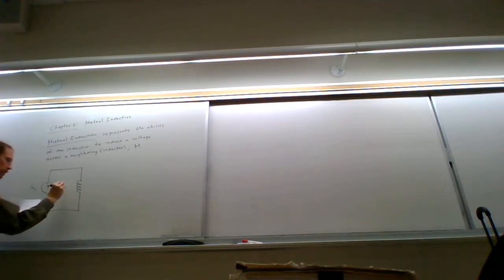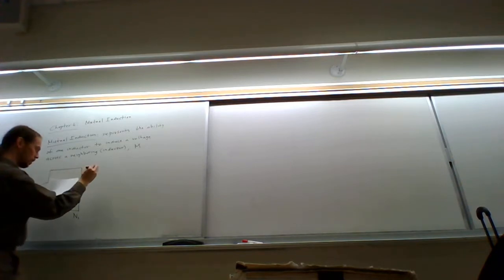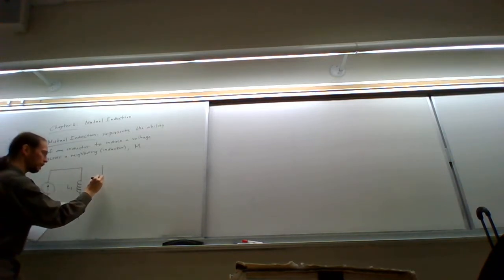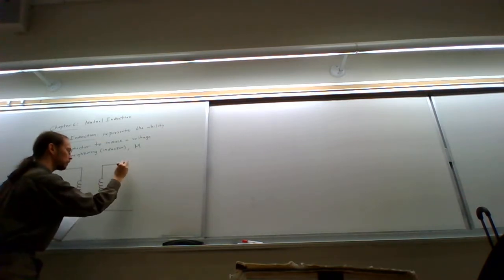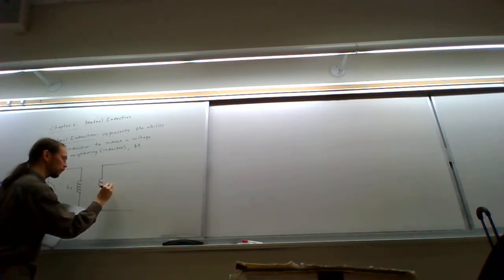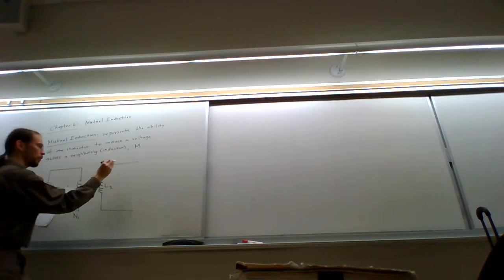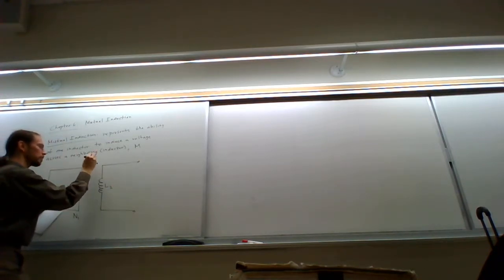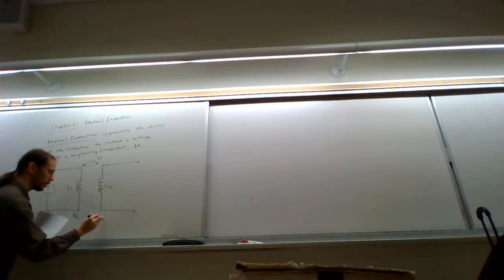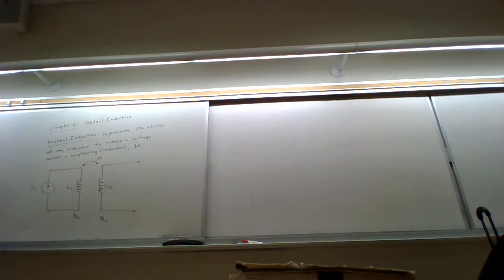This has an inductance L1, and there are N1 coils or turns inside the physical inductor itself. Over here on this end of the circuit, we have a second inductor that has an inductance L2, and there is what's called a mutual inductance between the two coils, called M, and this inductor has N2 turns as well.